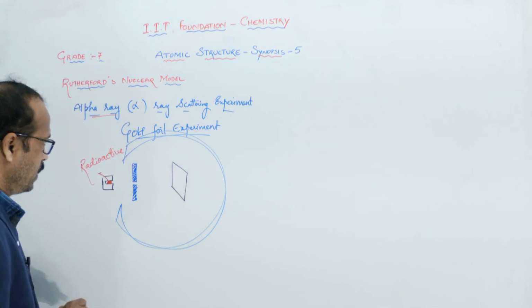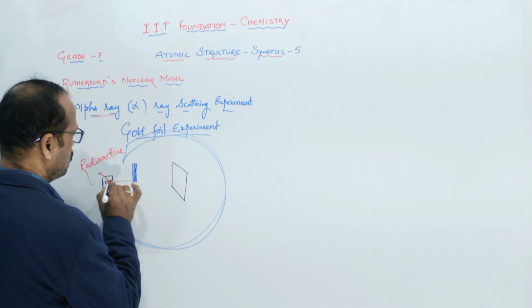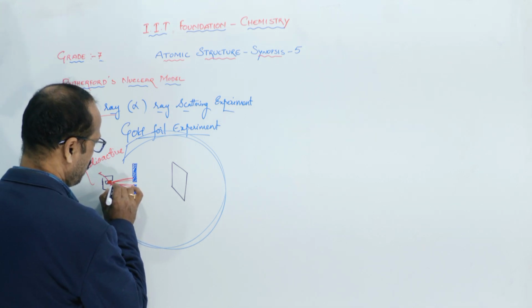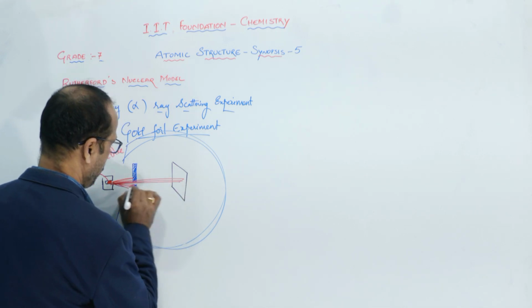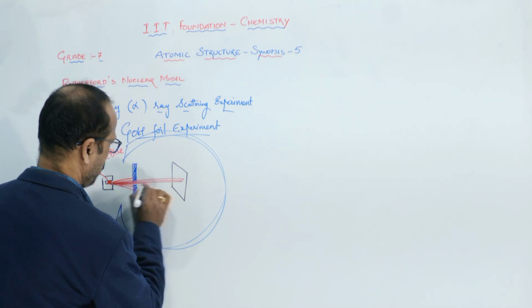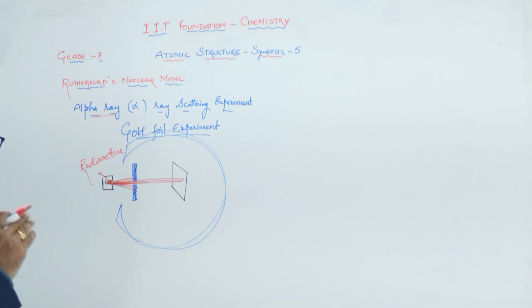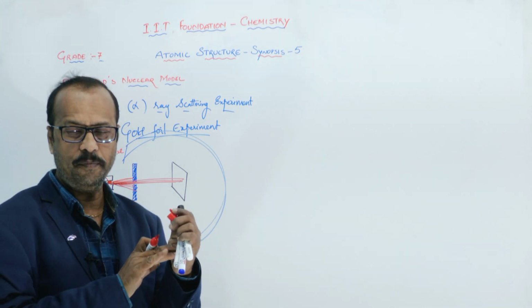Now from here he passed the alpha particles like this, and the alpha particles are passing straight. After passing straight, what happened now? They are striking the gold foil.